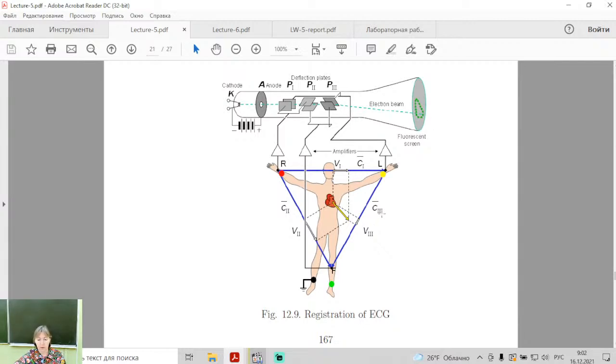And this is the scheme of registration of ECG.